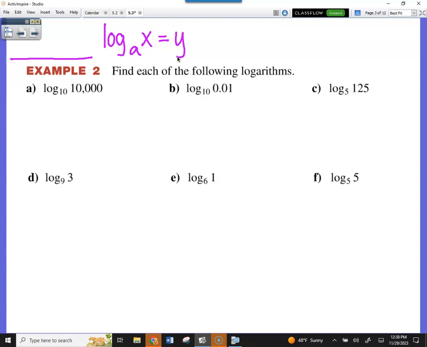Sine, cosine, tangent always had an angle measure after it, and they're not multiplied together. They are written side by side, but the connection is the trig function. The connection here is the logarithm. There's no multiplication happening. The way you read it is the log with base a of x equals y.